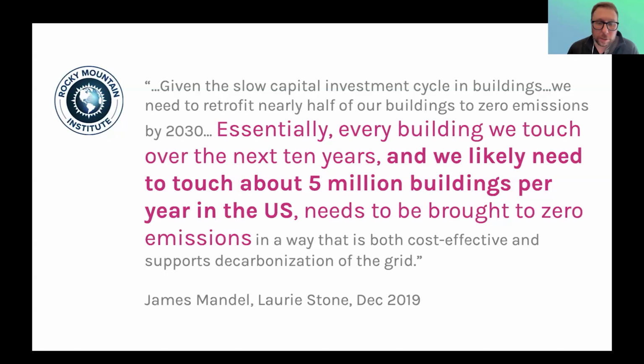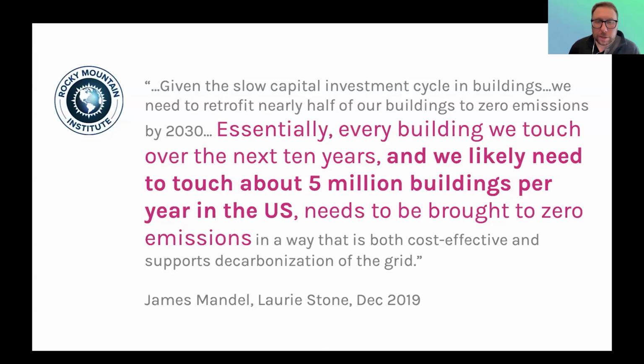And they had a great line here where they noted that in order to move towards our climate goals, we would need to touch and retrofit about 5 million buildings a year in the US to something like a net zero emissions level. Now that doesn't mean passive house level per se, but a net zero emissions level.